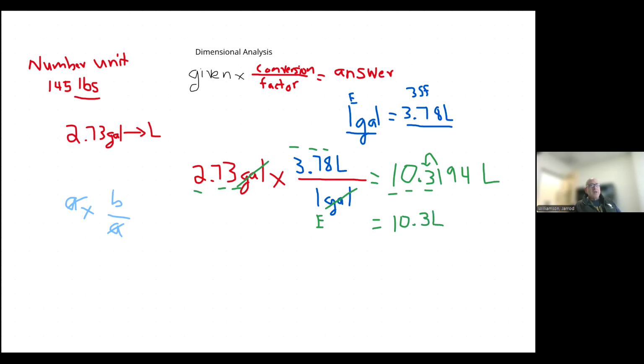I'm not going to leave it like all of this because this is 1, 2, 3, 4, 5, 6 significant figures. But my problem was only 3 sig figs each. My answer can't be more accurate than the numbers in my problem. So this is the correct answer. And this is called a one-step conversion because I had only one conversion factor.